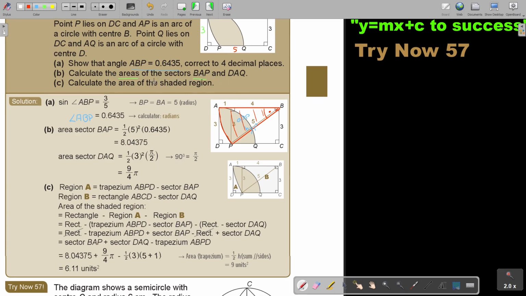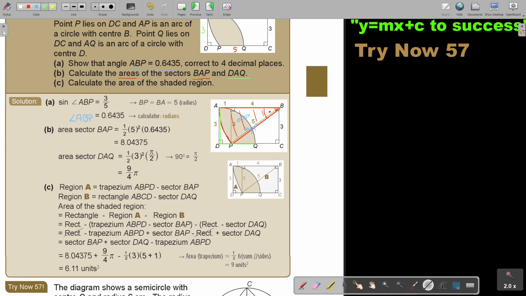Now, find the area of this one. Actually, I could have made that one in red, and maybe we can now make this one in green. The area of DAQ. Now, where is DAQ? Let's find it with lines.